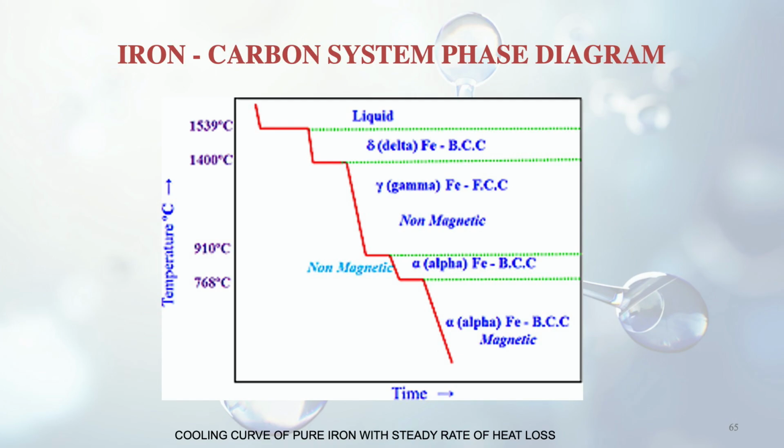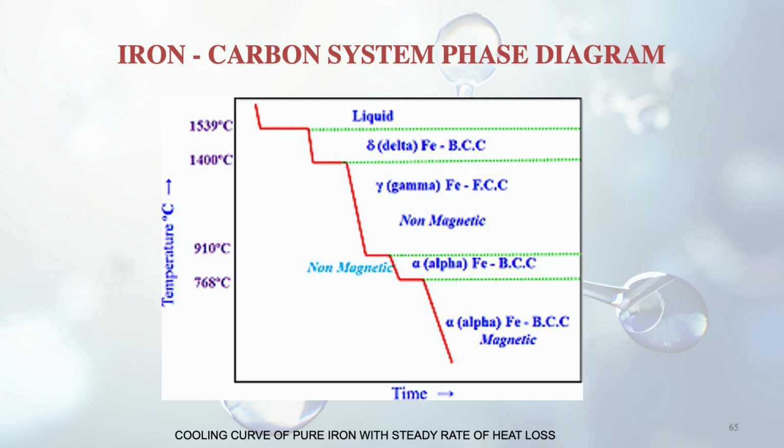So from liquid it changes to delta iron, which is a body centered cubic structure, at around 1400 degrees centigrade. Further it continues down to 910 degrees centigrade. When cooling from 1400 to 910 degrees centigrade, gamma iron comes up, which is face centered cubic, and this one is non-magnetic. It doesn't have magnetic properties.